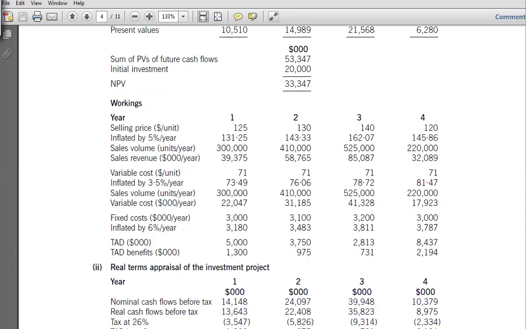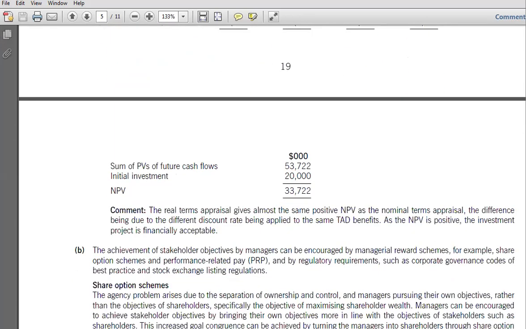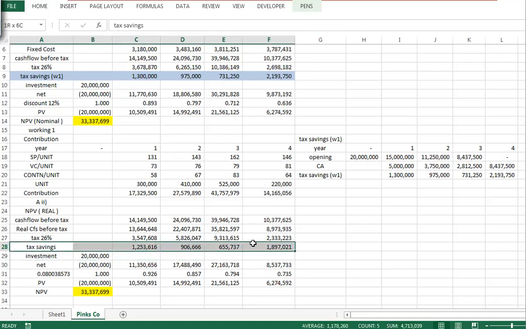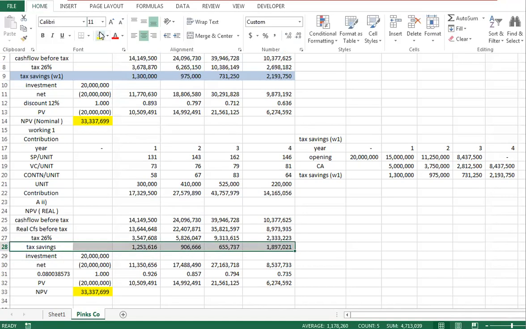And that's why in the comments below, the examiner mentions that the real term appraisal gives almost the same positive NPV as the nominal term appraisal. The difference is due to the different discount rate being applied to the same tax allowable depreciation benefits of the tax saving, right? So if you don't want to do that, then you can remove inflation from your tax savings also. So I've done the tax saving above, and I've done tax savings in here, and I have deflated these figures as well.